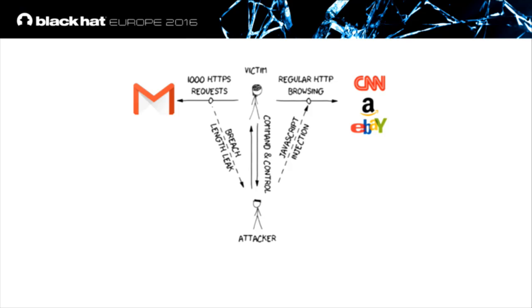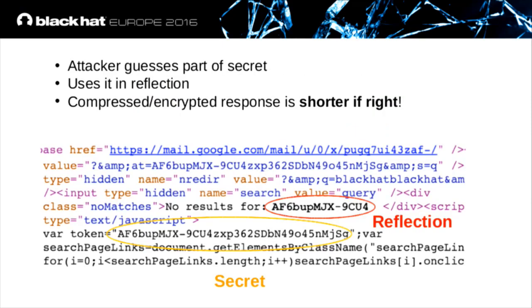They're targeting a victim on the network, and then the victim hits an HTTPS website like Gmail, and the attacker makes the victim make several requests to Gmail, for example, by using JavaScript on some different website. Here, they're injecting some code to do that, and then they measure the TLS encrypted responses on the network and extract the length from that, because length is preserved across encryption. So that's the basic idea. And if we look at Gmail's response, for example, you see exactly what's happening.